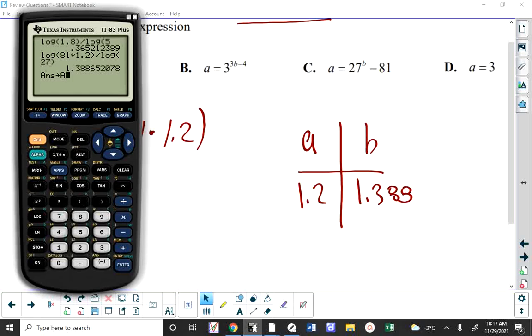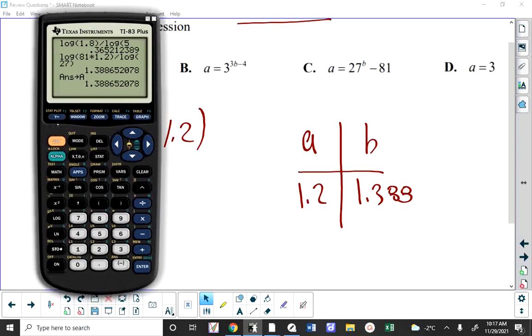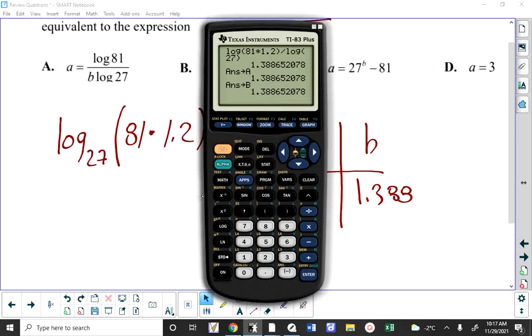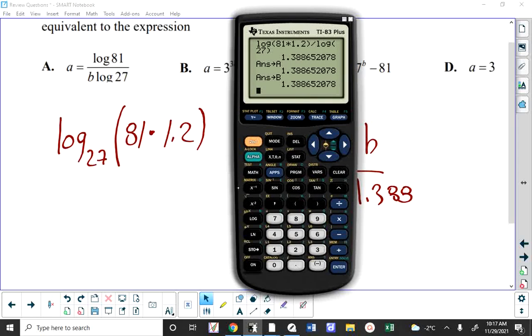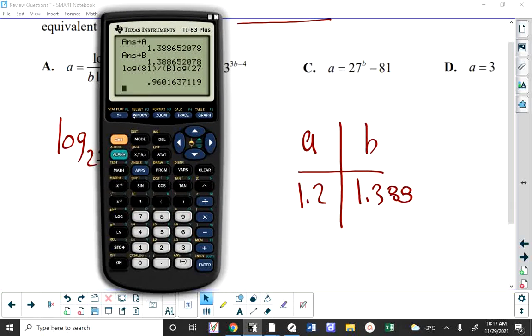If you have a TI-84, you can go up and continue to grab it, but I'm going to store it as b because it's actually b that we've just found. So I'm going to put it into choice A: log of 81 divided by brackets b that we found, log of 27. Well, I don't get 1.2, so that's not right.